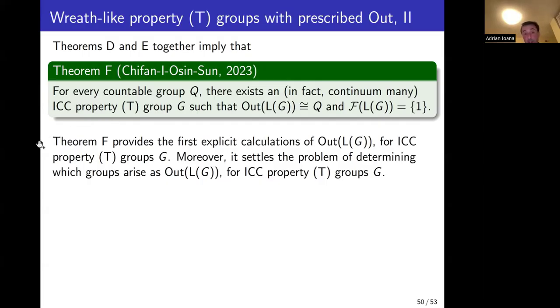So I should say that theorem F provides, in fact, the first explicit calculations of outer automorphism groups of L of G for ICC property T groups G. And in fact, it settles the problem of determining which groups arise as Out of L of G for ICC property T groups G by showing that these groups are exactly all the countable groups.